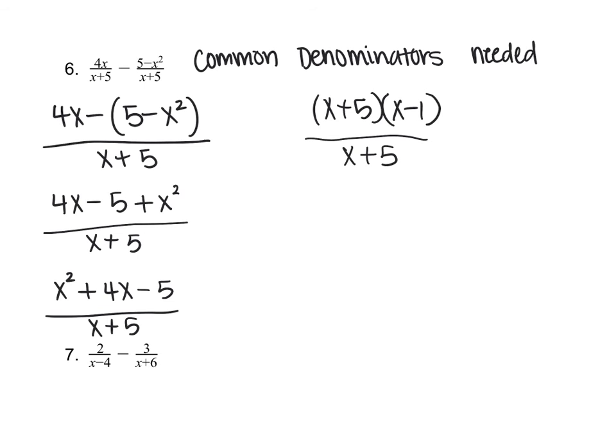And I do actually have something that will cancel, which is the x plus 5, leaving me with x minus 1. So after you add or subtract, even if you already had common denominators, you want to look to see if you can simplify it any further by factoring a quadratic or factoring a GCF.